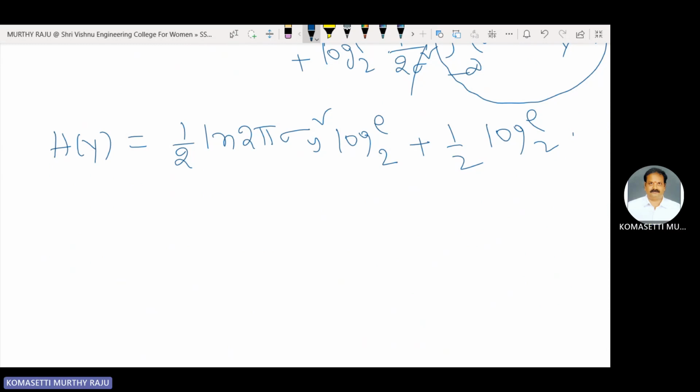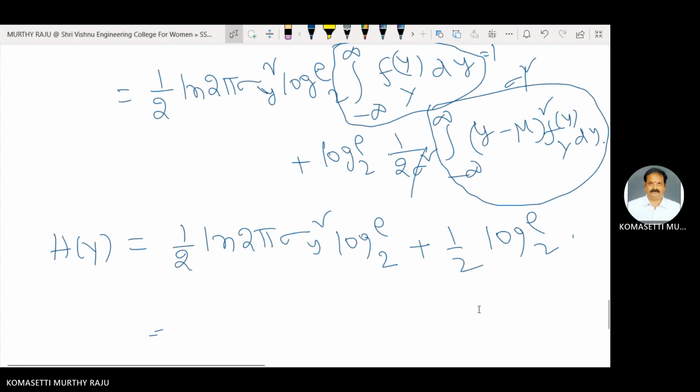Simplify this one. 1 by 2 ln, this value is 1 by 2 ln.